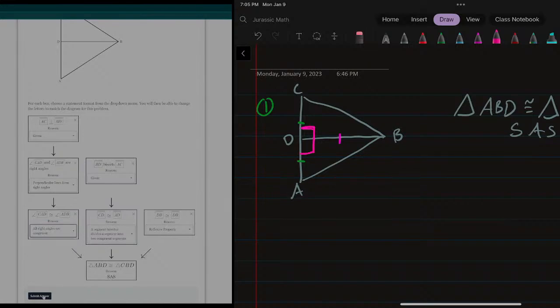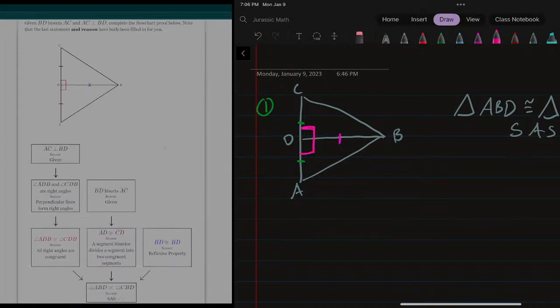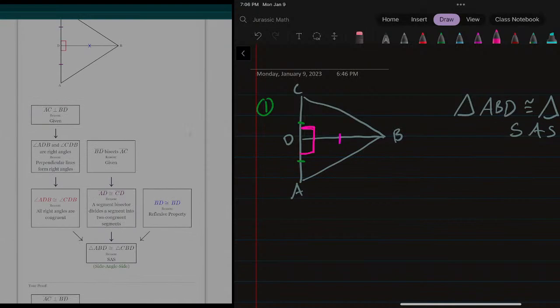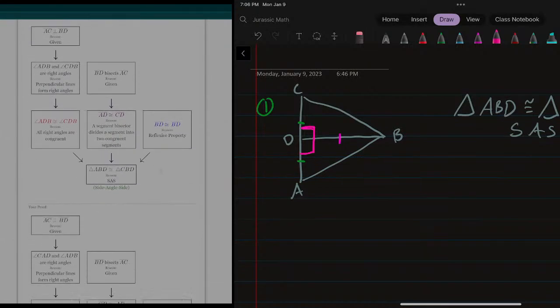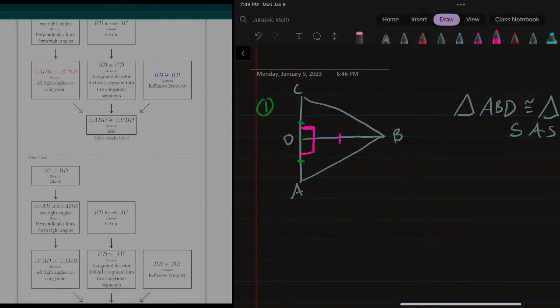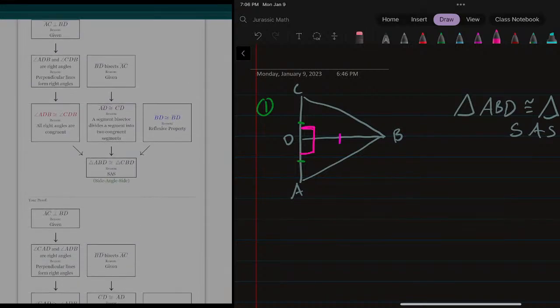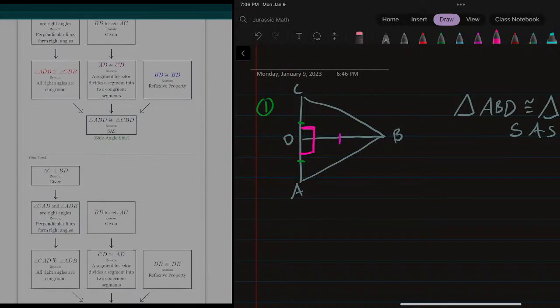So I'm going to hit submit answer. And hopefully I am right after all that. Nope, I messed up. Let's see here. I had the reflexive property down. BD bisects AC, given. CD and AD congruent. Segment bisected divides into two segments. That's correct. It's just the letters are in a different spot. And then perpendicular lines, and CAD.